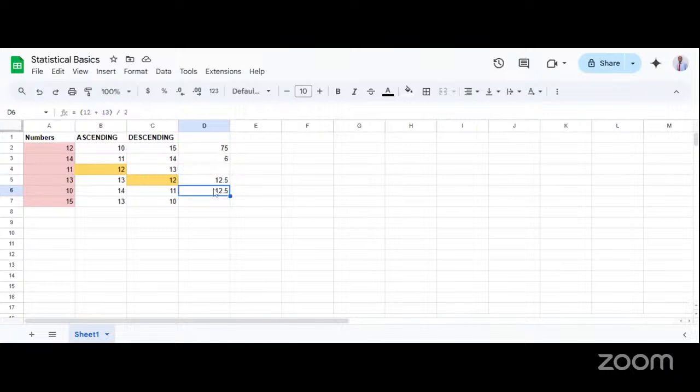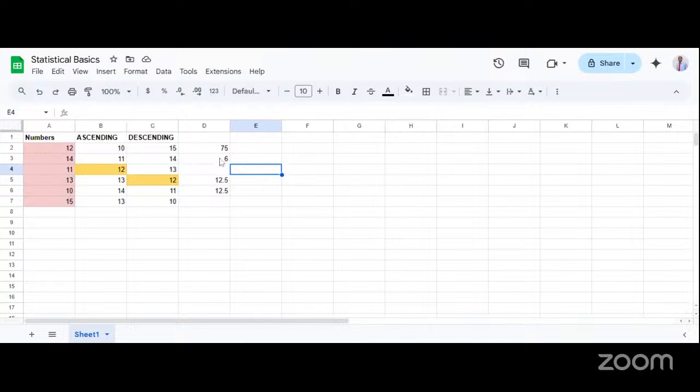So now, using the median exception, we fall back to the same 12.5 again. But this time around, we had an even number for the number of data points. If we had an odd number, if it was just 5, we knew that 12 was the measure of central tendency.